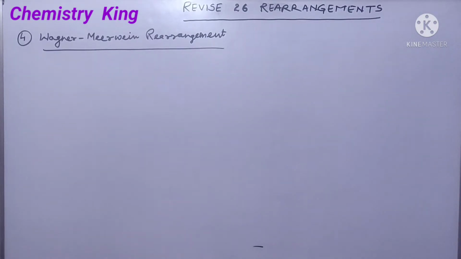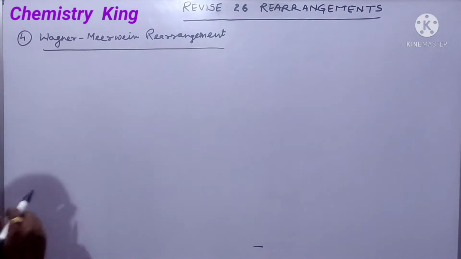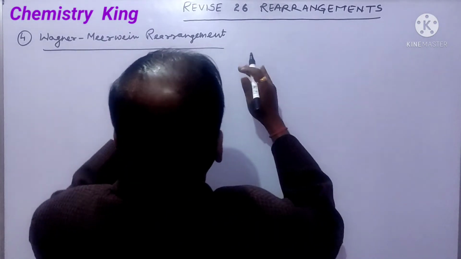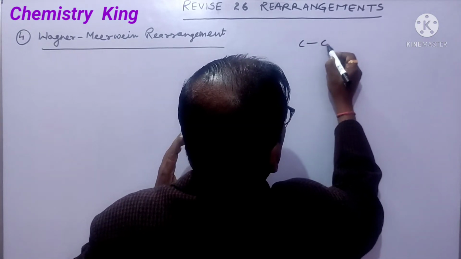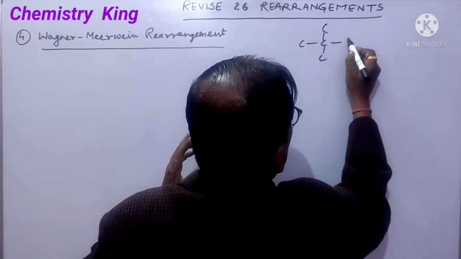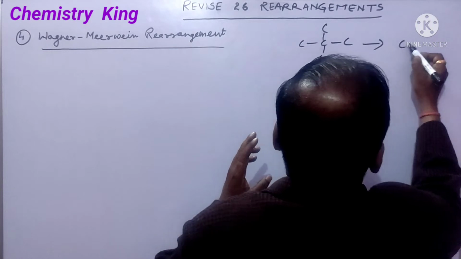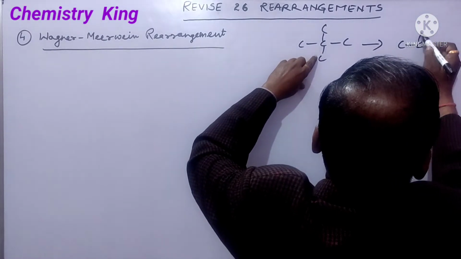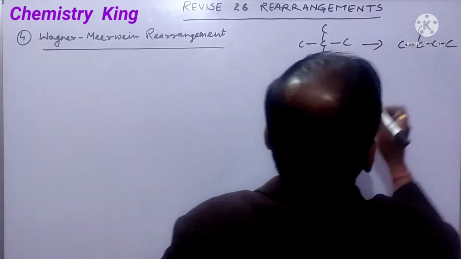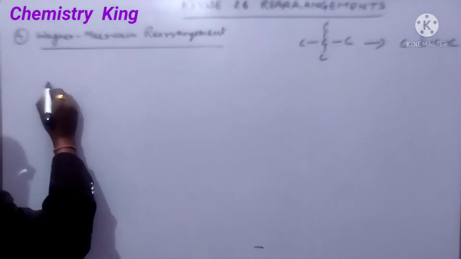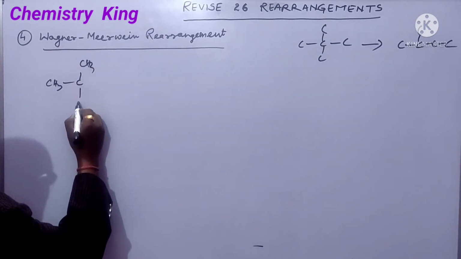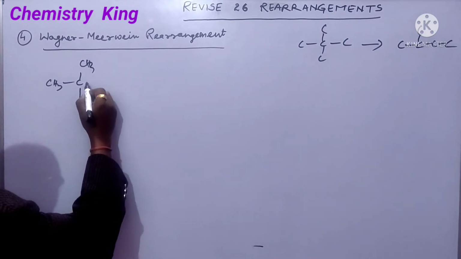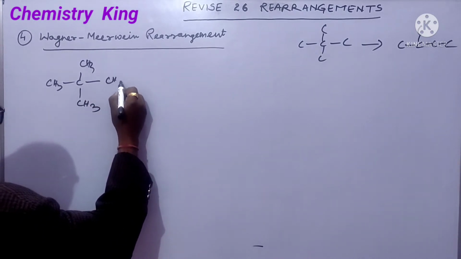Number 4, Wagner Meerwein rearrangement. Here we will change the carbon skeleton. Suppose it is a carbon skeleton, it is converted into this. Suppose it is neopentyl bromide.